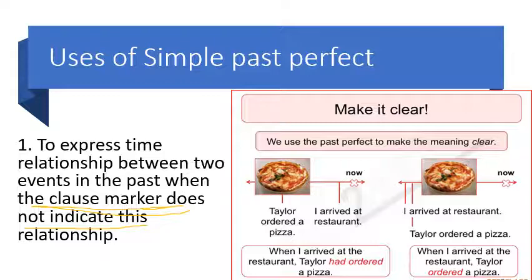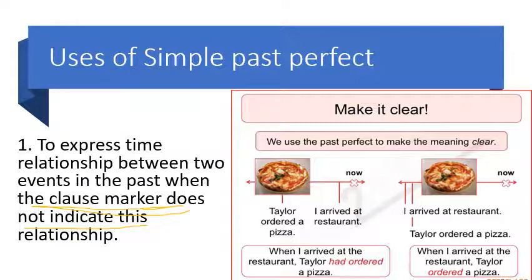Let's have a look at the following example. You have the same sentence, and you are going to a meeting or to the restaurant, and you have a friend who ordered pizza either before your arrival or when you arrived. Let's have a look. This is now, the current moment of speaking.